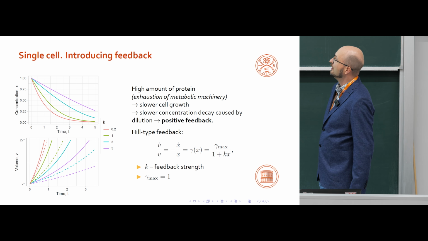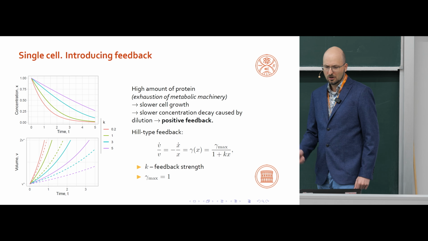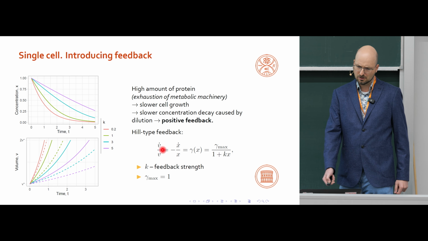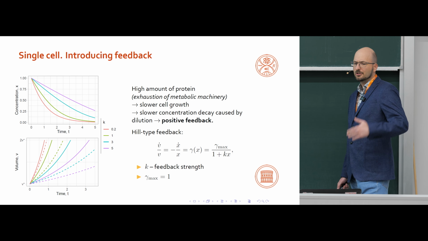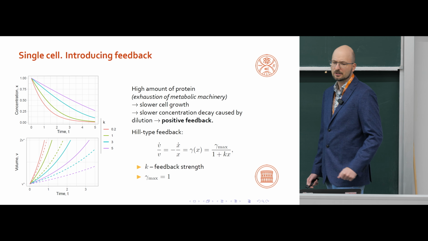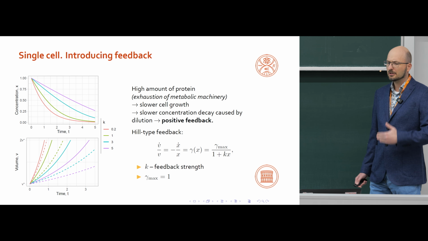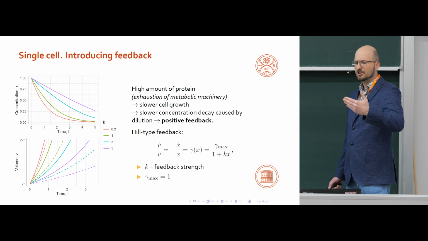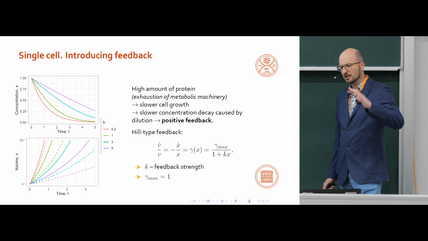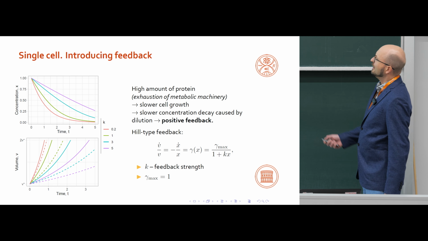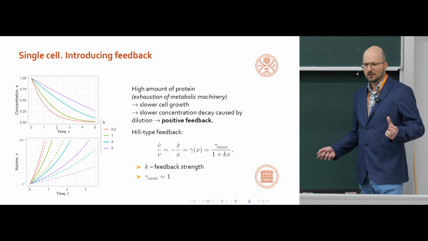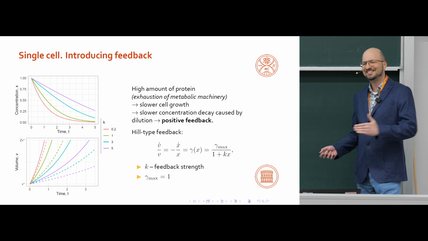So that's the denominator, which is here 1 plus k times x. So k is the proportionality factor. It tells you how much the protein reduces the growth, and at the same time, reduced growth means slower decay.